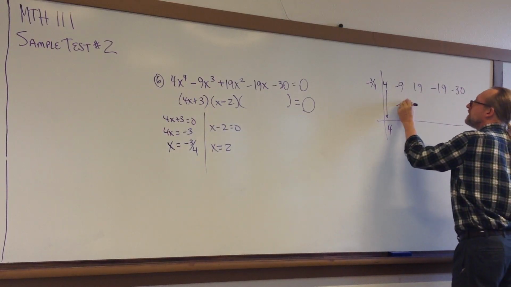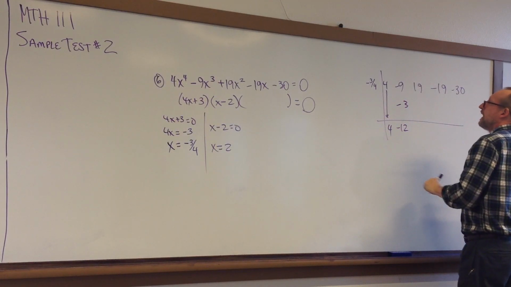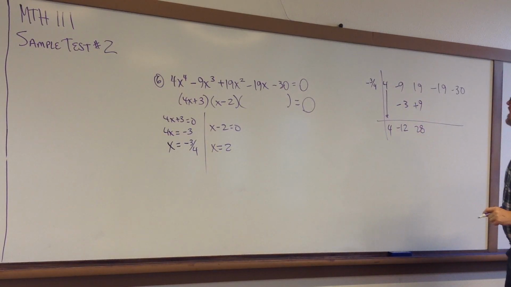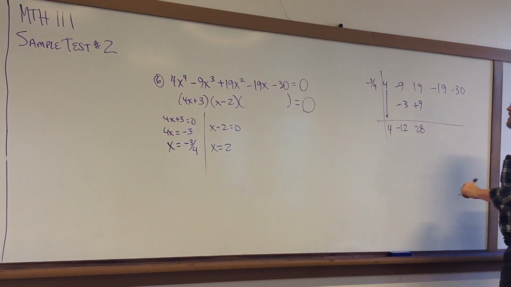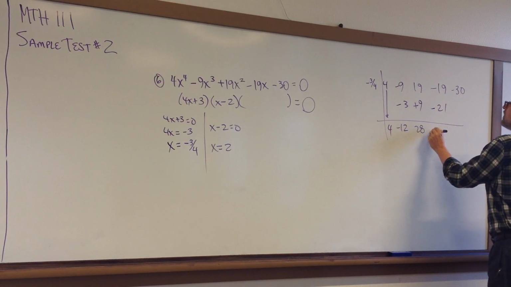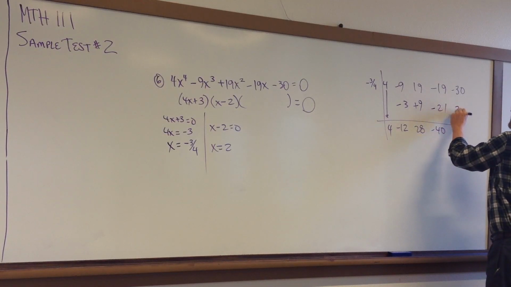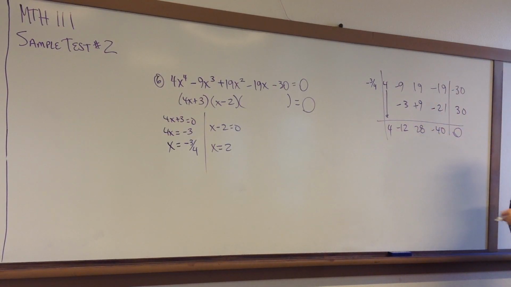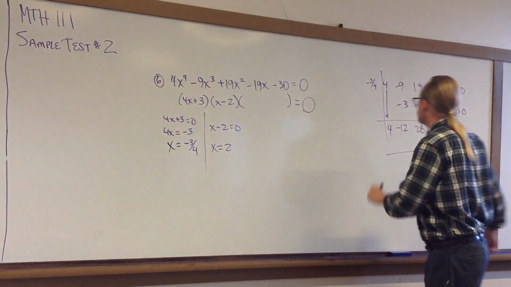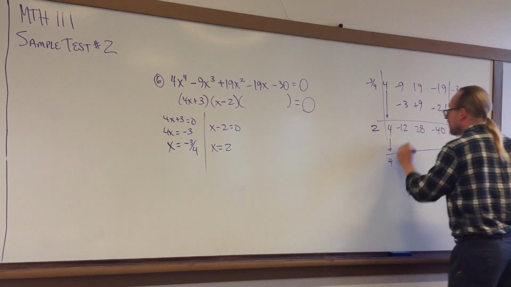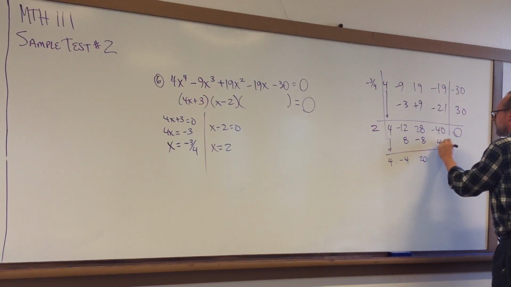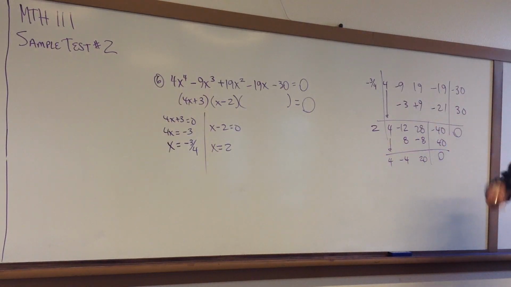So let's see, that should be negative 3, and then positive 9, and then let's see, negative 21, negative 40, positive 30, there we go. Okay? All right, one more time with the positive 2: 8, negative 4, negative 8, 20, positive 40, and there's our other zero remainder.